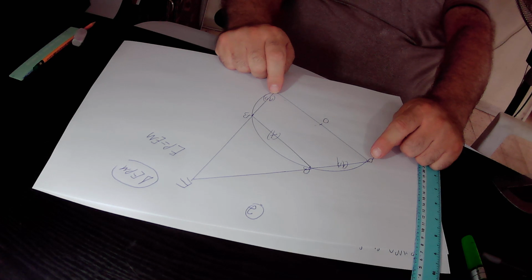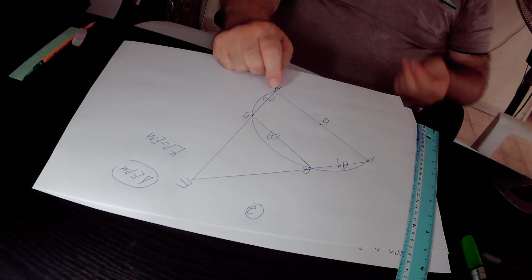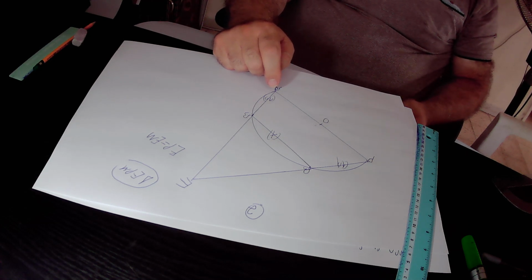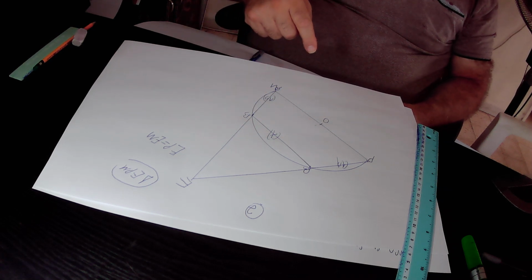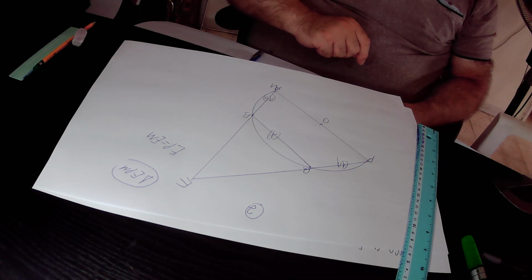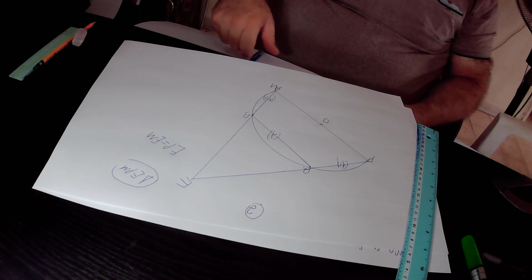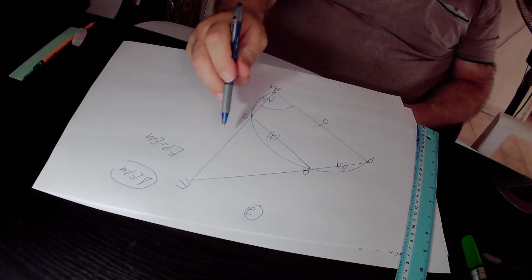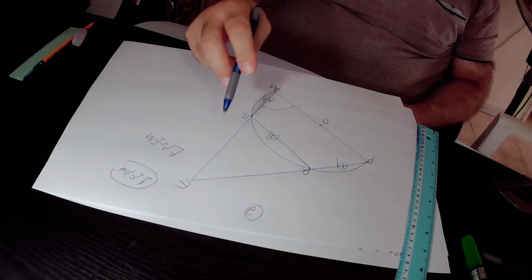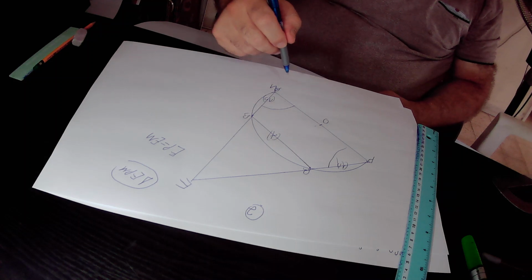Anyway, I will prove that those two angles are equal to each other, according to the rule that in front of equal sides in the triangle there are equal angles. So we know that EP equals EM, according to the new rule. In front of this side EP we have this angle, that's actually angle EMP, and in front of this side EM we have this angle, that's actually angle MPE.